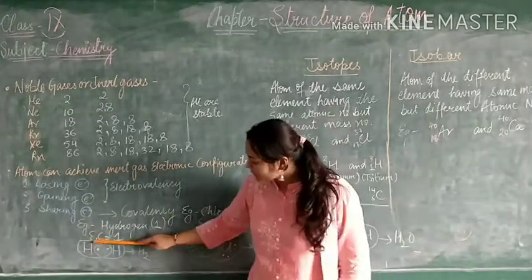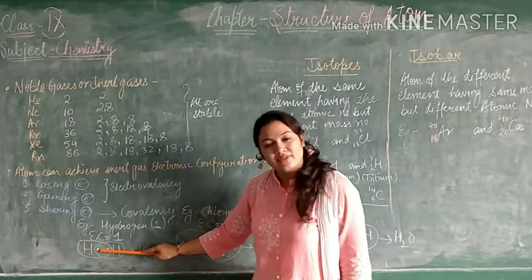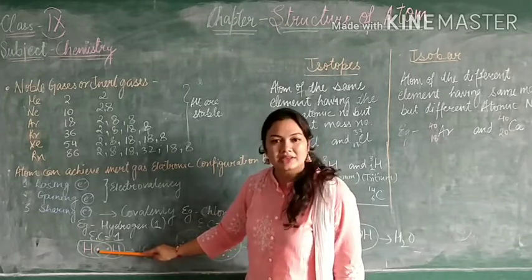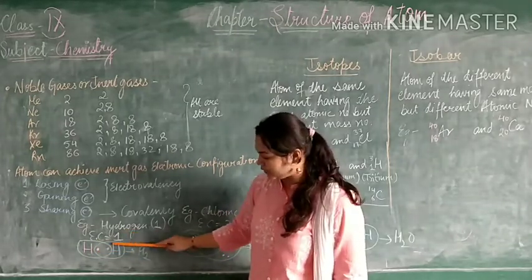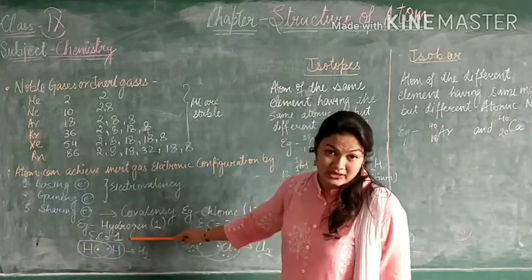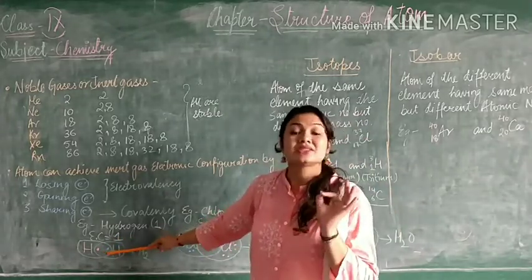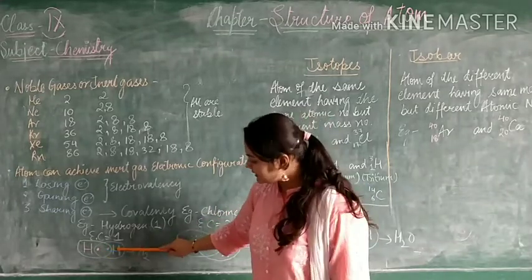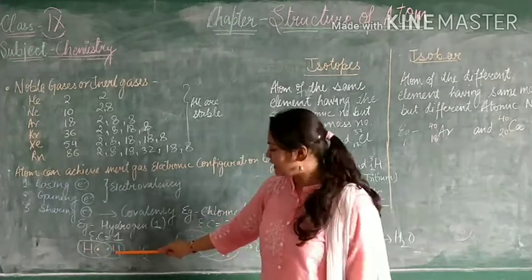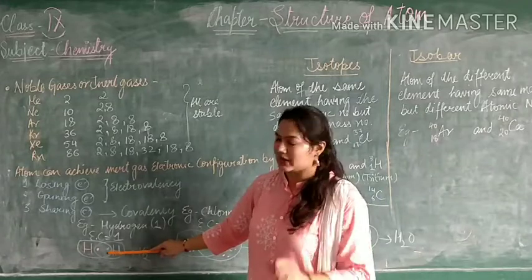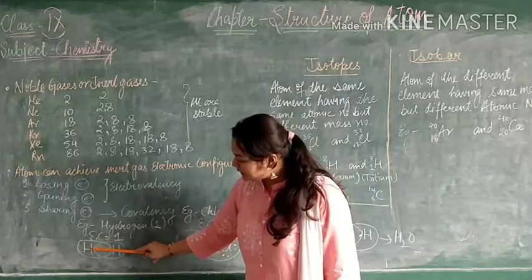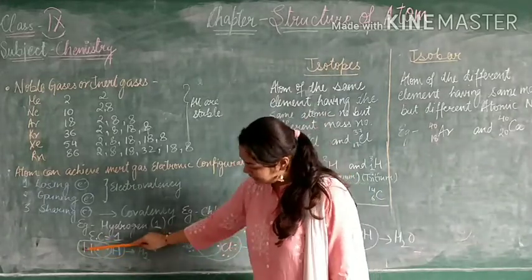See, this one hydrogen is having 1 electron. This dot is representing the electron, the last shell electron. Remember, this is the last shell electron, that means the valence electron. And this is the other hydrogen, the blue one. It is also having 1 blue electron, so this blue electron will be shared.